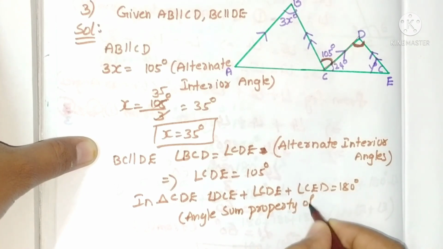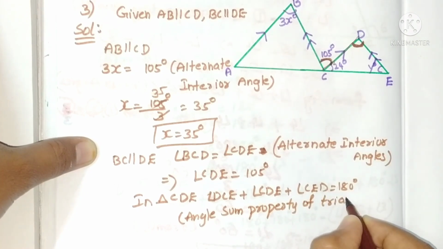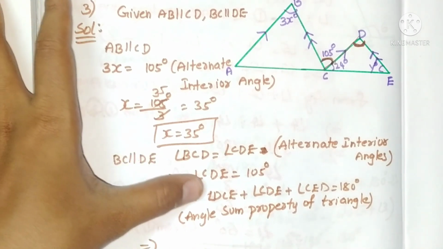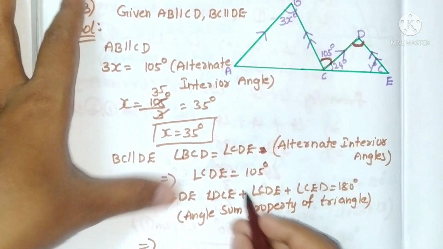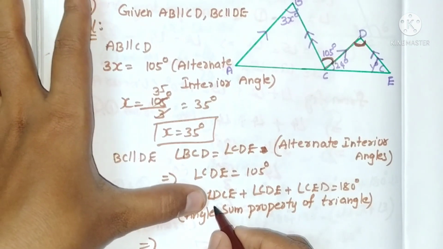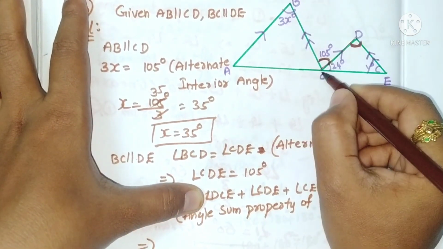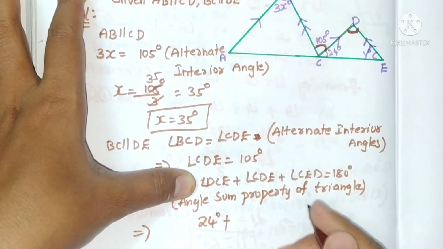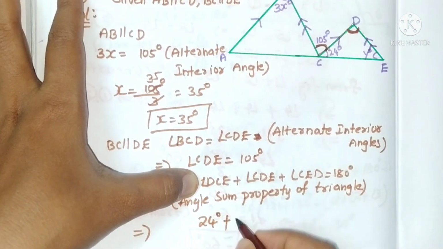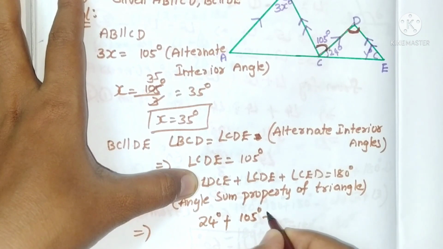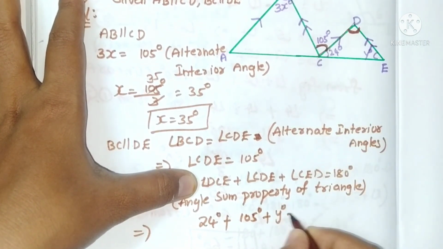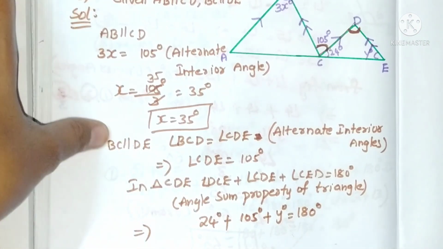So angle DCE, we have 24 degrees, plus angle CDE 105 degrees, plus angle CED y degrees, is equal to 180 degrees.